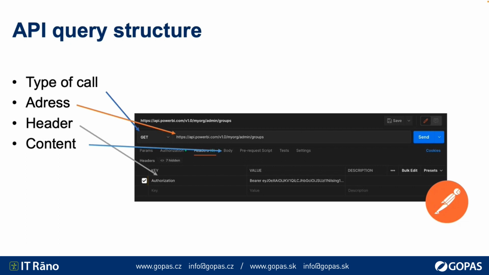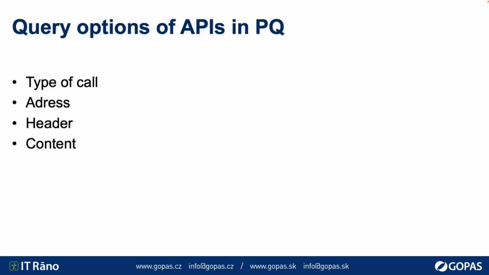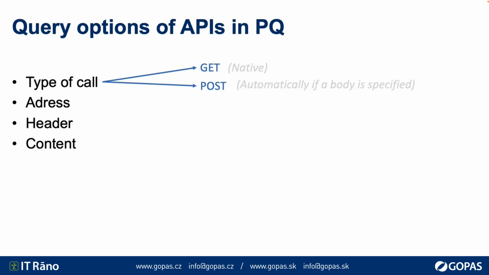But can we prepare all of them inside the Power Query? Yes. Type of a call is a little bit limited. Inside the Power Query, we can do a get call, which is absolutely the native call that we are using. Then the post call, which will be automatically used after you set up a body of a call, which means the content of a call.